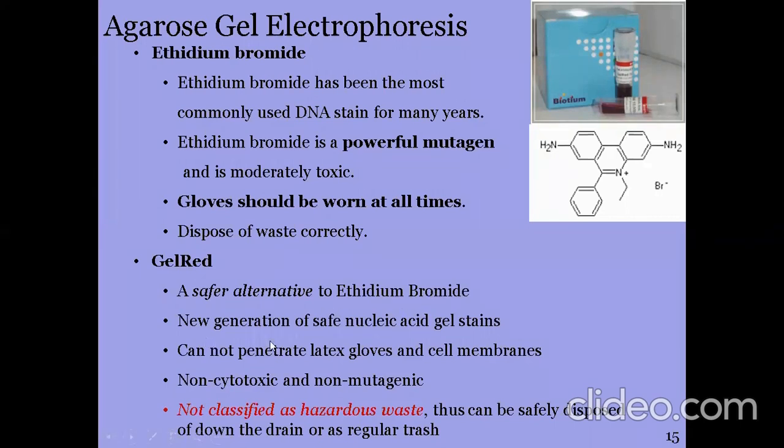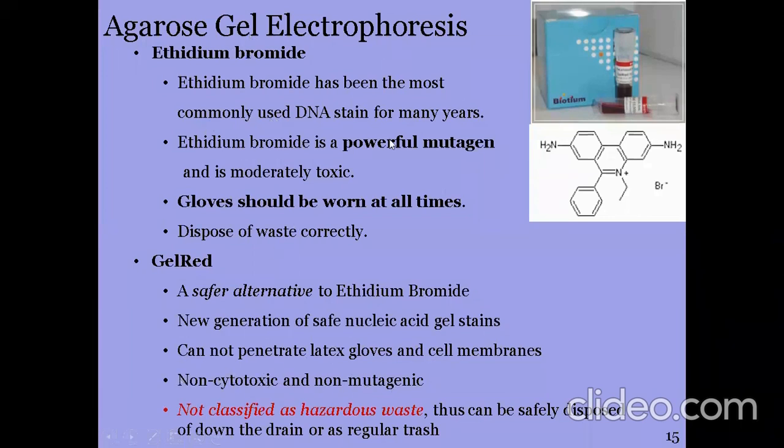A new generation of safe nucleic acid gel stains that cannot penetrate latex gloves and cell membranes. It's a good thing, and that is the same for ethidium bromide as well. Non-toxic and non-mutagenic.